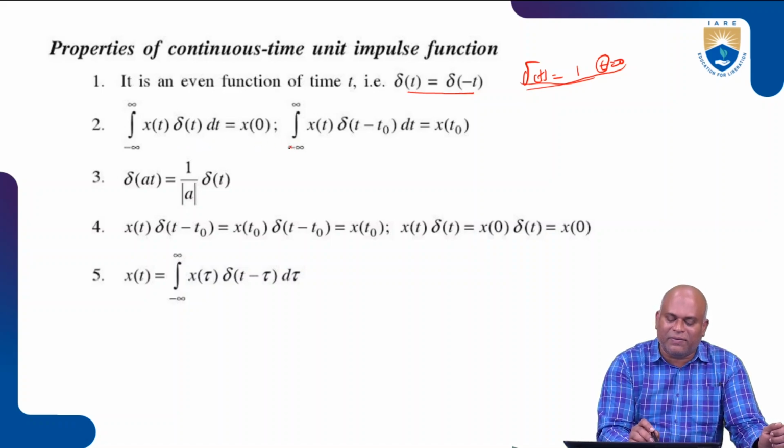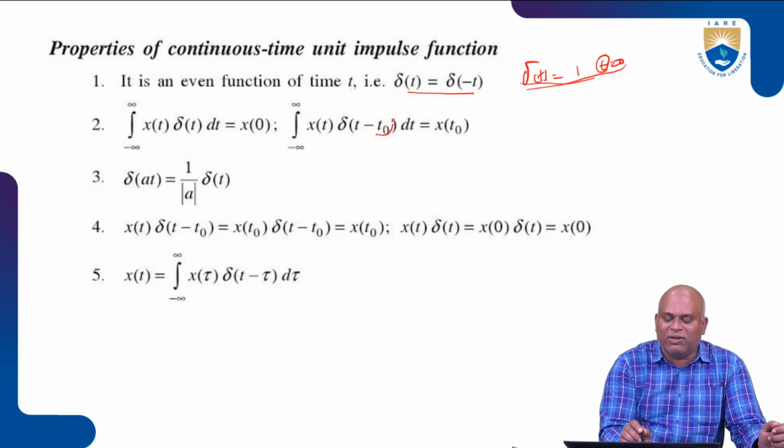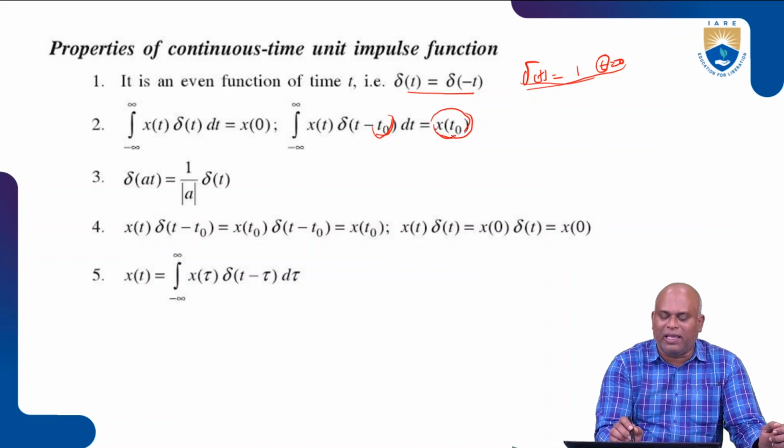For the shifted version, the integration from minus infinity to plus infinity of x of t delta of t minus t0 dt gives the output only where the delta is active. That's why I write x of t0. So this is the shifting property of the impulse function.